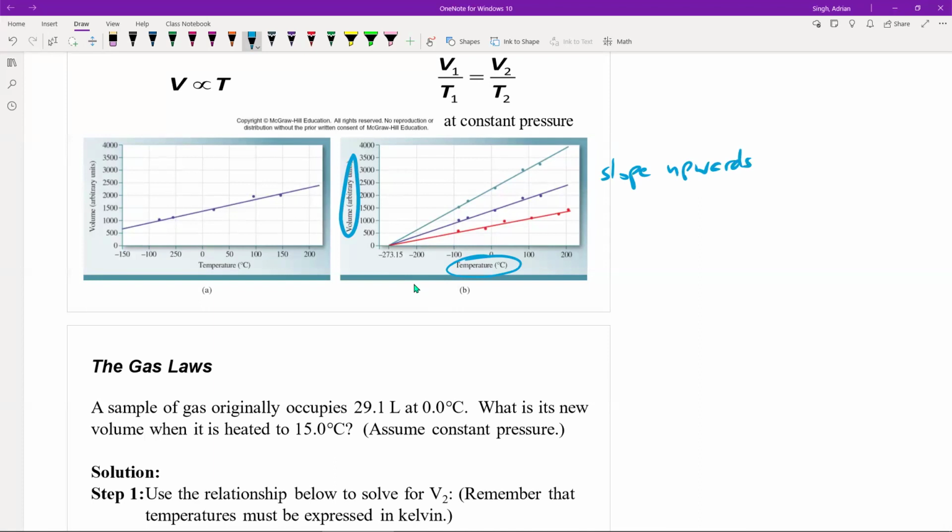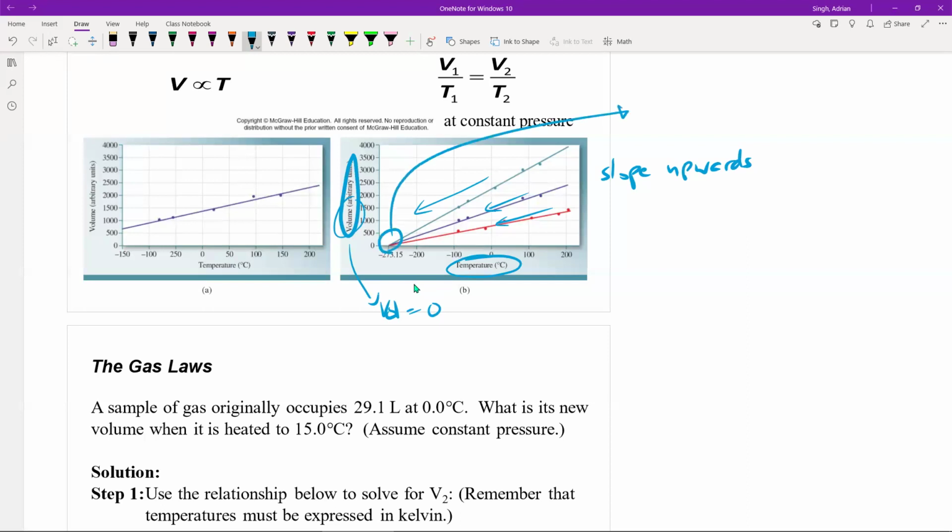What we could also do is extrapolate these numbers backwards for each of these three curves, and we can figure out the temperature at which the volume of a gas is 0. In other words, the gas doesn't occupy any space whatsoever, and that would be the temperature at which the gas particles just slow down or stop completely. And all of these lines will intersect at that very important temperature, negative 273 Celsius.